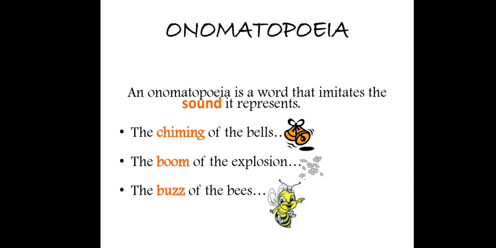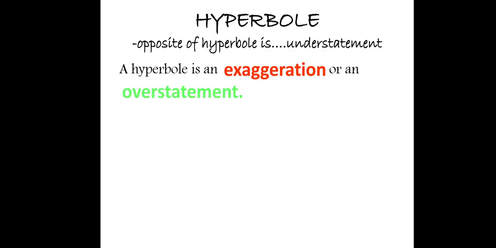The words in these sentences like chiming, boom and buzz are imitating some types of sounds. That's why onomatopoeia is a figure of speech that is used in these sentences.